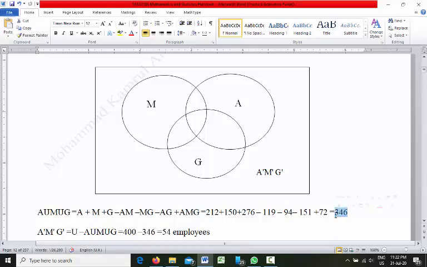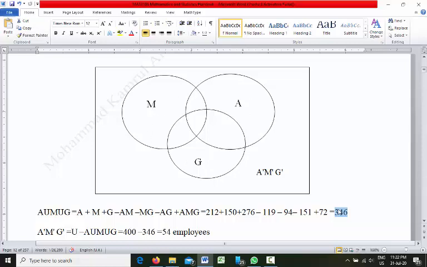A union M union G, the total number of employees that fall within these three circles, is 346.